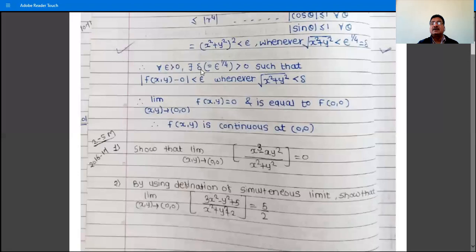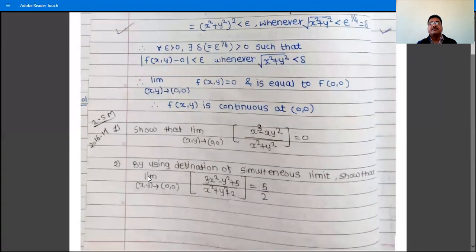So for every epsilon greater than 0, delta is equal to epsilon raised to 1 by 4, greater than 0, so that mod f(x, y) minus 0 is less than epsilon whenever root x square plus y square is less than delta. And therefore this limit exists and is equal to 0, which is equal to f(0, 0), and therefore f(x, y) is continuous at (0, 0).